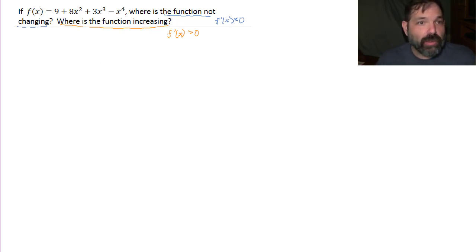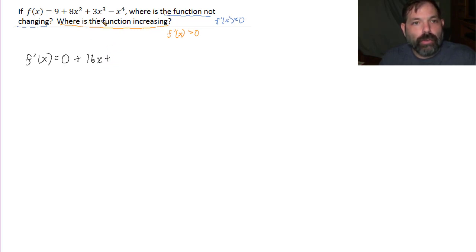All right, so let's calculate the derivative. Let's see, the derivative, f prime of x, would be the derivative of 9. That would be 9 is a constant, so that term would go to 0. Plus, the derivative of 8x squared would be 8 times 2, 16x to the first.